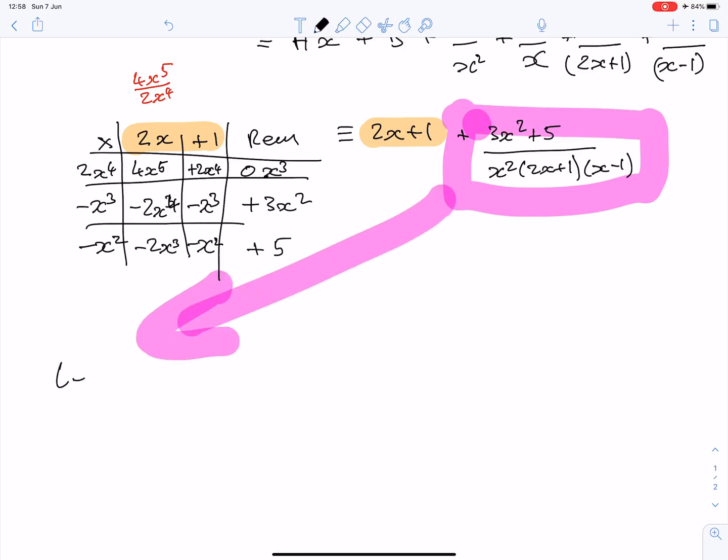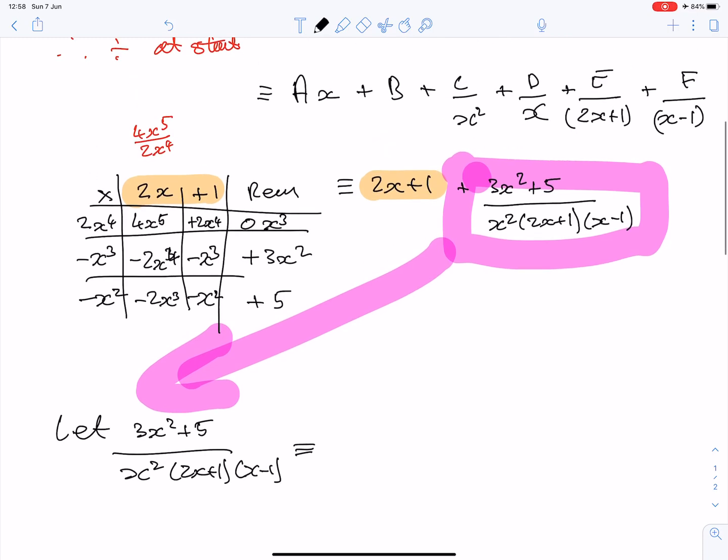So we're going to let 3x squared plus 5 over x squared times 2x plus 1 x minus 1 be identical to c over x squared plus d over x plus e over 2x plus 1 plus f over x minus 1.